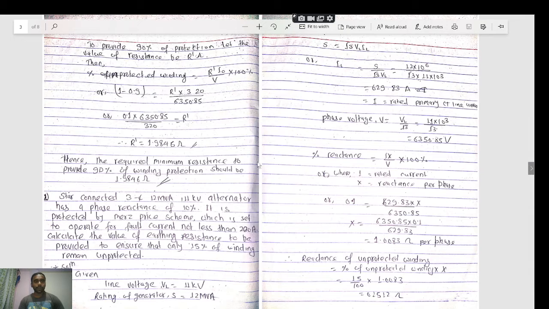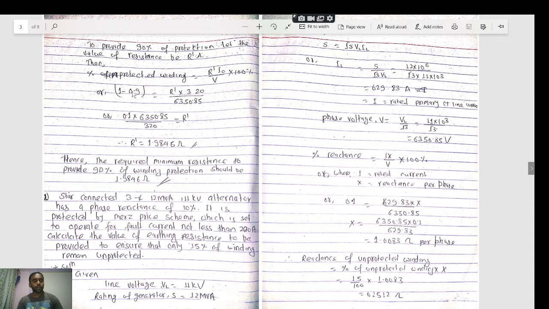Now in the second part, we are given 90% protection. Let the value of resistance be R dash ohm. Then percentage of unprotected winding equals R dash I naught divided by V into 100%.